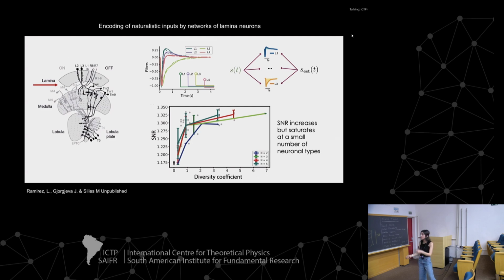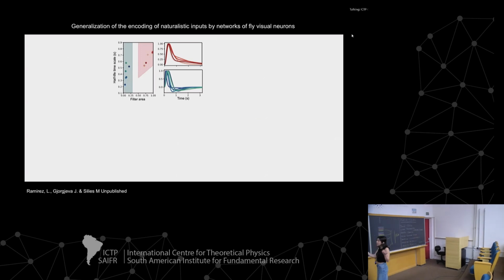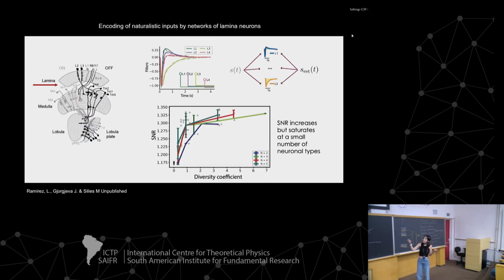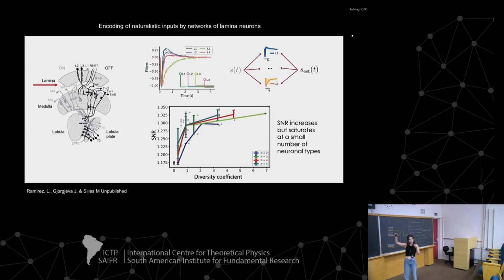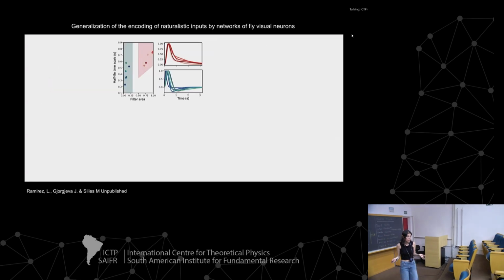So this is a trend that we observe in the network. Okay, so this somehow explains why, for instance, fly. And an important thing is also that you find a saturating behavior of the signal-to-noise ratio. So this tells you that maybe you can include more neurons to gain a little bit more signal-to-noise ratio, but maybe with only 3 neurons, the fly is actually doing a good job at encoding this information.